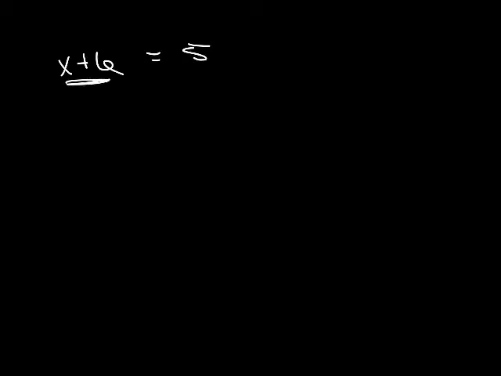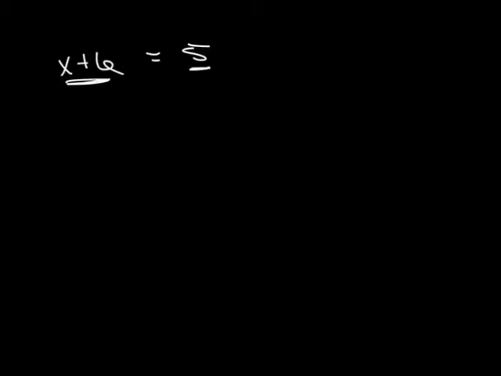So we're saying that this side of the equation and this side of the equation are equal, which means that there is a value for x we can put in here that when we add 6 to it, we're going to get 5. Well, if you remember from algebra, and we'll just go through this real quickly because you already know how to do this.